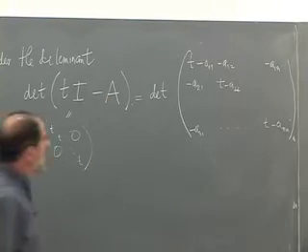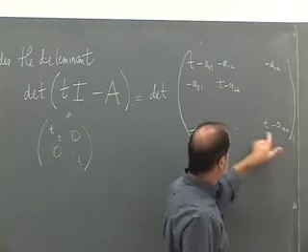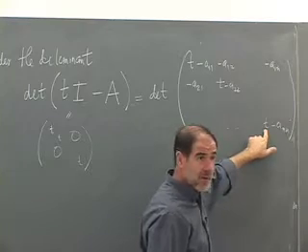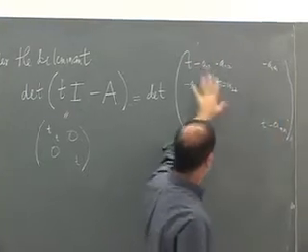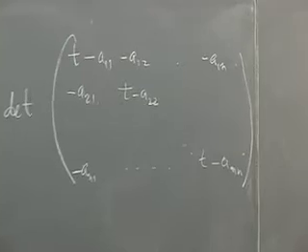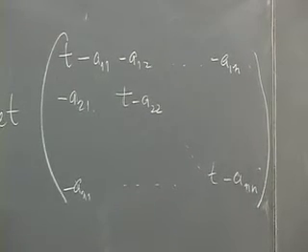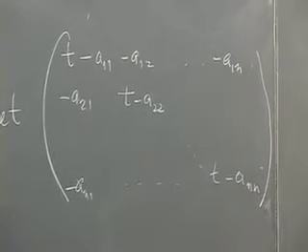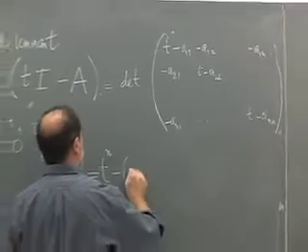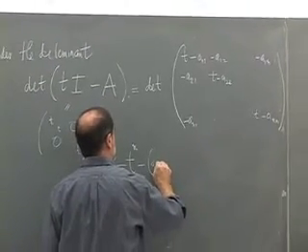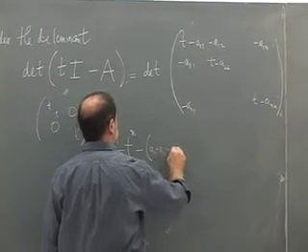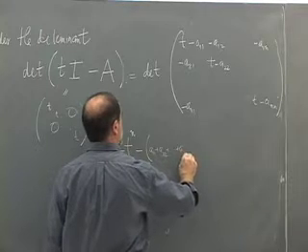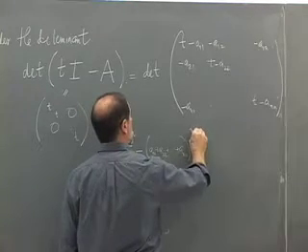So you have an n by n matrix where the entries are not scalars, but t you think of as a variable. Now you can calculate this determinant by the usual determinant formula, and it turns out to be a polynomial in t. The next term turns out to be minus (A11 plus A22 plus Ann) t to the n minus 1.